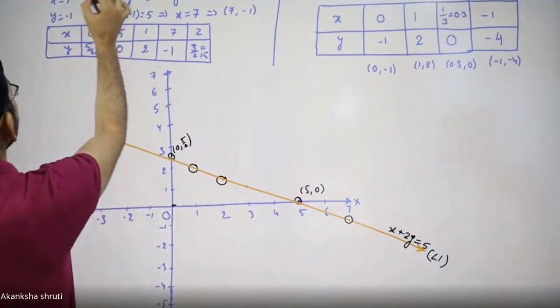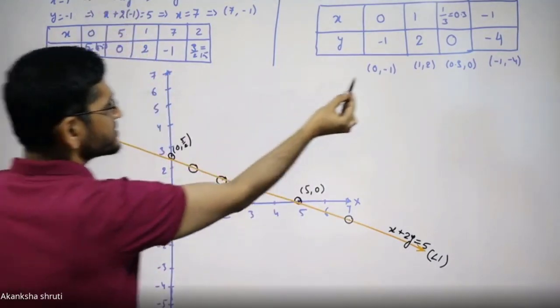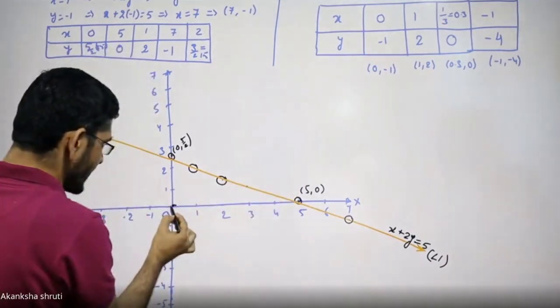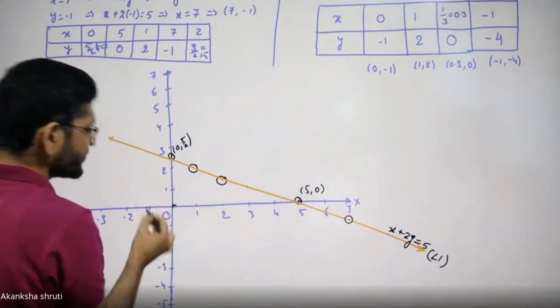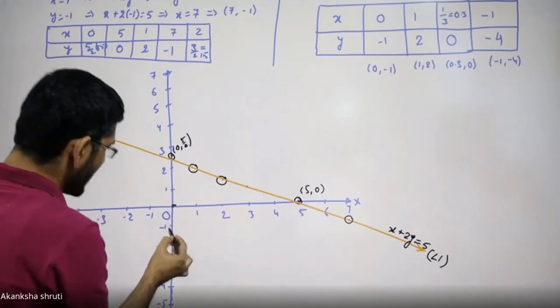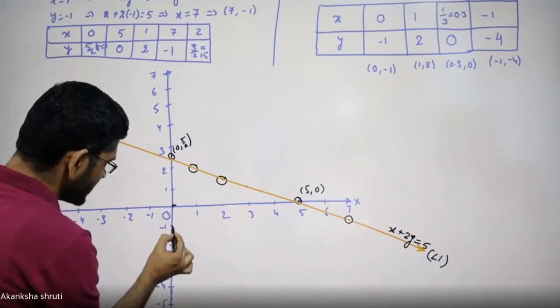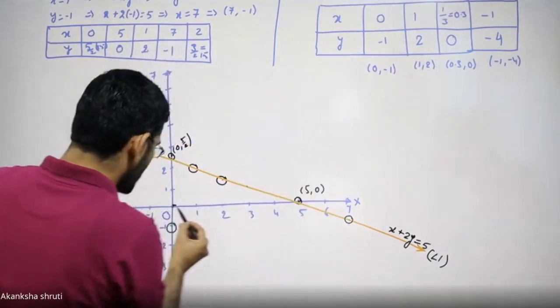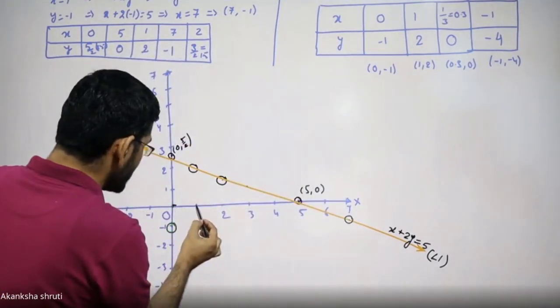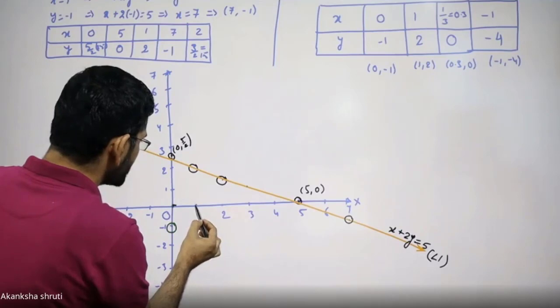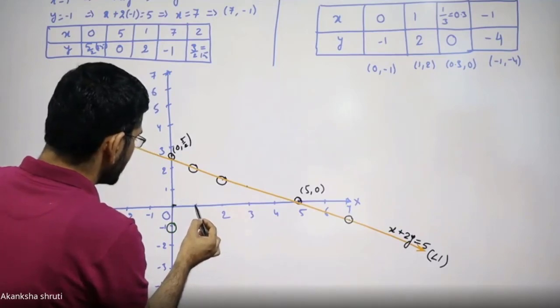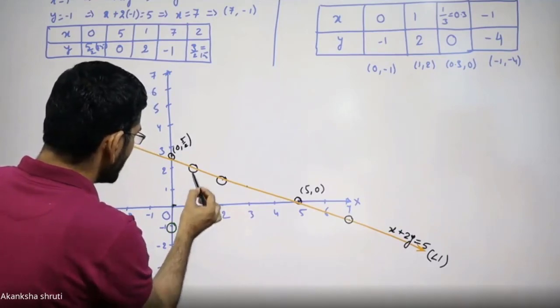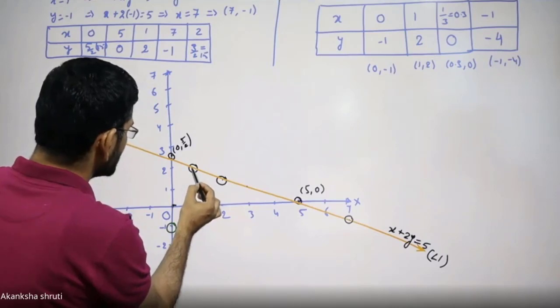So take that point. x is 0 means it is on the y-axis at the origin. y is minus 1, this time it is here. Another, x is 1, y is 2. Moving on, x is equal to 1, y value is 2. Where is that? x is 1, y is 2.